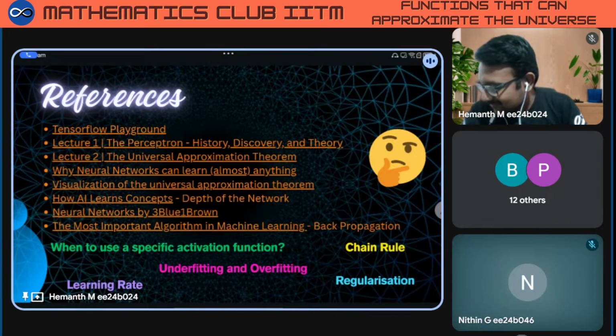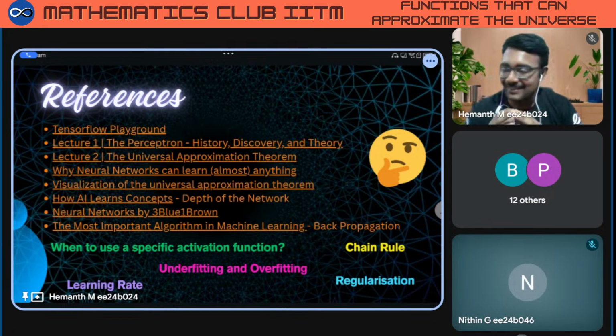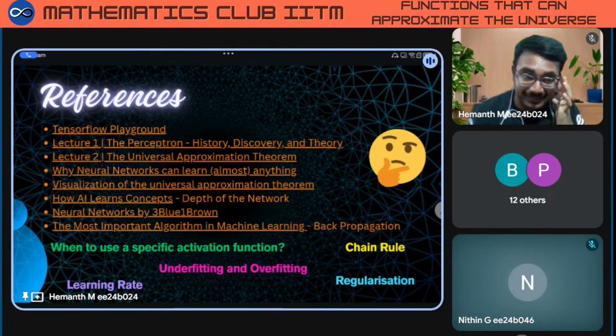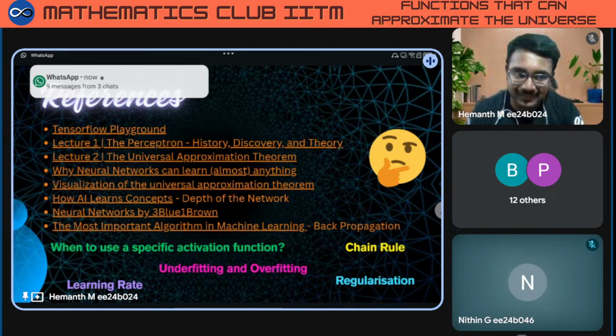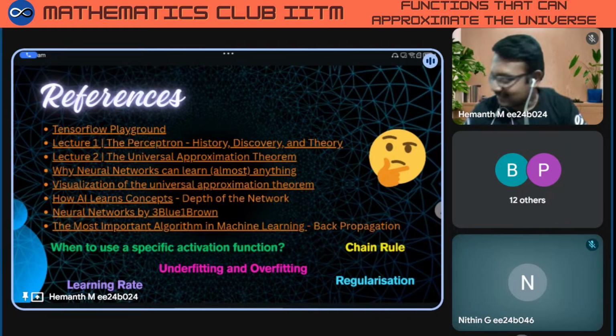Then the chain rule is one amazing thing, used extensively in finding these gradients. Even when you don't know the analytical form, how do you numerically calculate the gradient? That is using the chain rule. It's a very useful thing. Then comes regularization, and you can check that out as well.